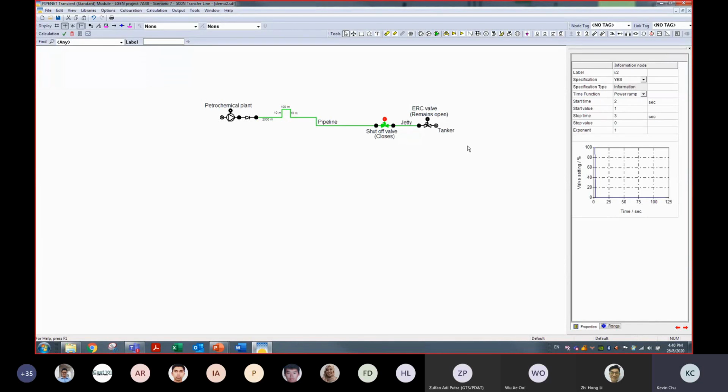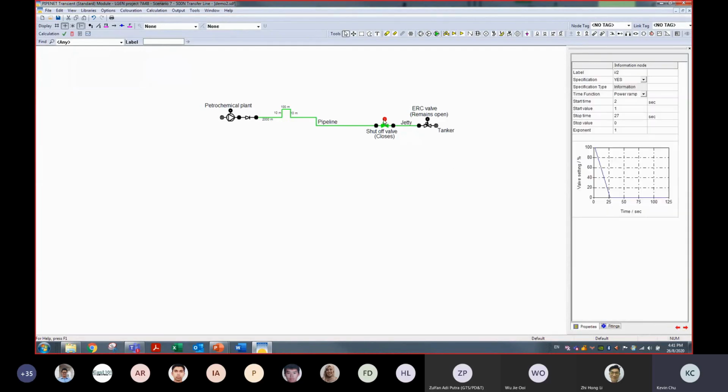Like we discussed earlier, if you slowly close your valve, you can mitigate the water hammer effects. So instead of closing it in 1 second, I will close it in about 25 seconds. So the stop time is 27, because I want my closing time to be 25 seconds.